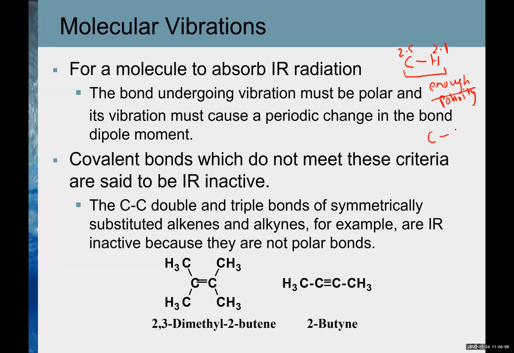But a CC bond is purely non-polar. So will the CC bond absorb? No, it will not absorb. So only the purely non-polar bonds do not show an infrared signal. Any tiny amount of variation will be enough.